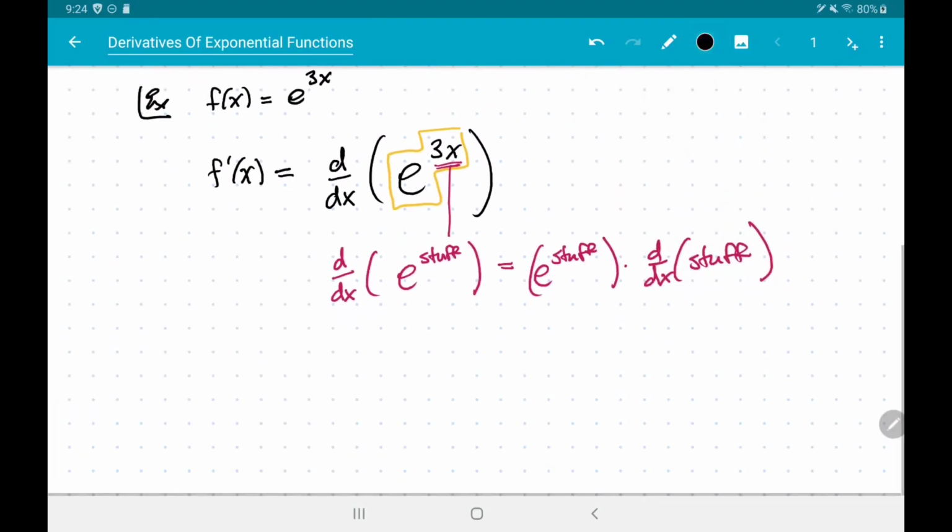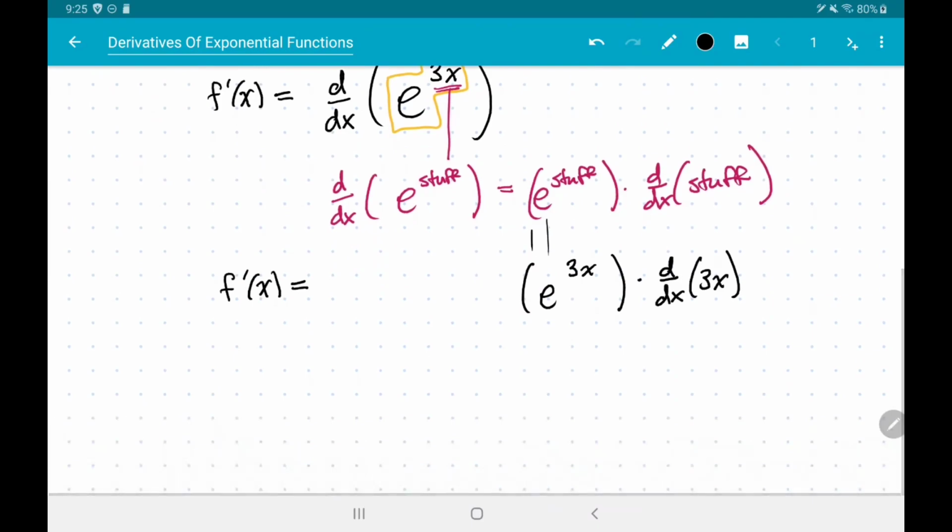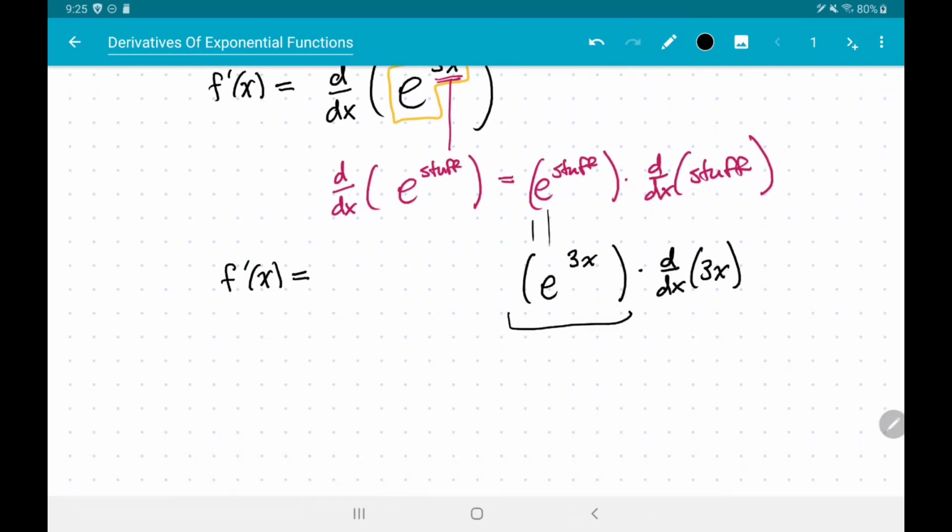Okay, so let me write this out. f prime of x equals, okay, I'll write these pieces out. e to, and the stuff is 3x, times the derivative of the stuff, 3x. So again, that's the exponential rule first that gives us a copy of the thing, and then the derivative of 3x is from the chain rule.